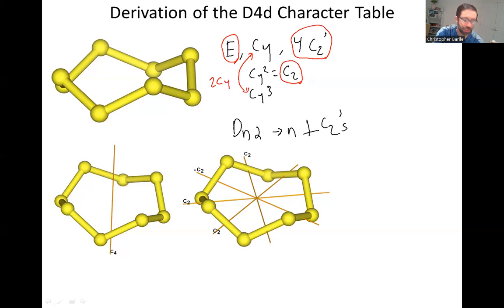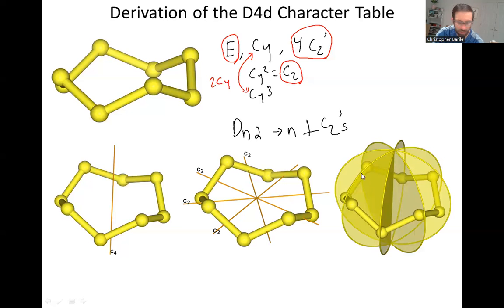And then there are mirror planes, and these are sigma d's. And why are they sigma d's? Well, you can tell from the name. There's 4 of them, so there's 4 sigma d's. All those do similar things, so they're going to be the same class. Now, why are they sigma d's from a technical standpoint?